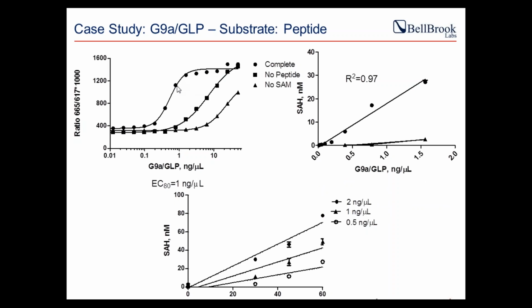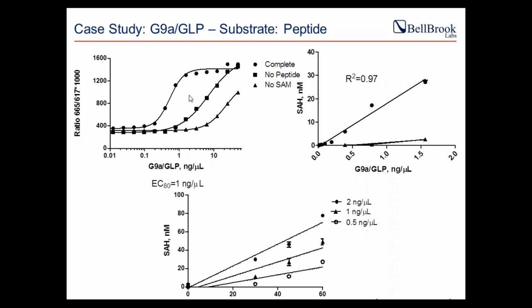At that concentration, the contribution due to just SAM alone or peptide alone is very little, as you can see in this graph, where the ratios were converted into the product formed, which is SAH, using a standard curve which has peptide in this case, to mimic the enzyme reaction. You would see that at the concentration that you want to use, about 1 to 1.5, right in this region, there is very little non-specific contribution due to the controls.